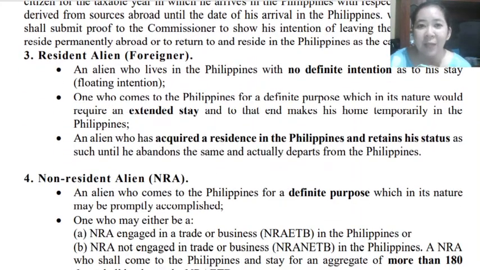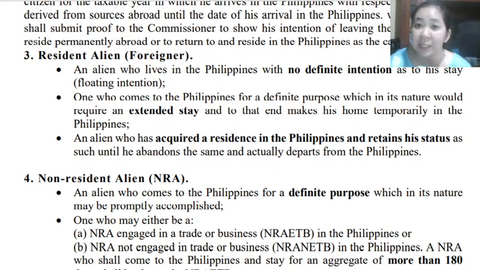The third classification is the resident alien. When we say alien, I mean the foreigners. So an alien who lives, or a foreigner who lives in the Philippines with no definite intention as to his stay, meaning that foreigner is not sure how long he will stay here in the Philippines.